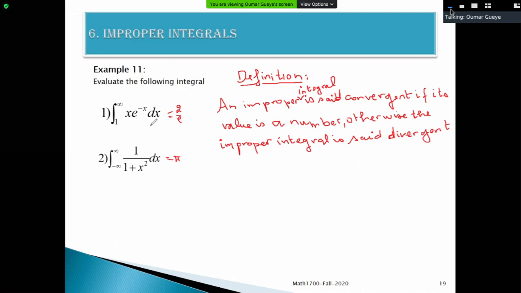Like these two integrals, when we calculate their values, we got a number. In this case, we conclude the two integrals are convergent. Is it okay? If now your integral is not equal to a number, you conclude your integral is divergent. Sounds good?